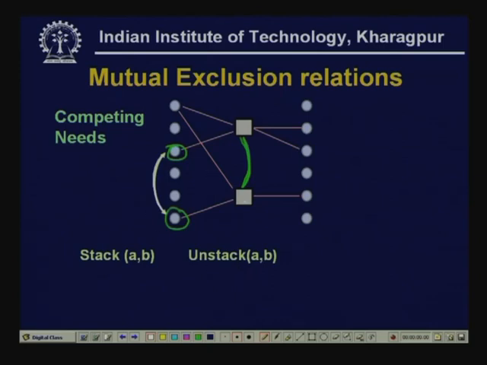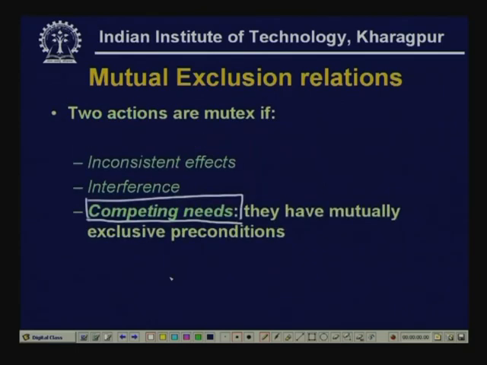So, if these two cannot be clear at the same time, then these two actions cannot be executed in parallel. So, under the condition of competing needs also these two actions are mutex. So, we have three conditions under which actions are mutex. Two actions are mutex if they have inconsistent effects, if there is interference, or if there are competing needs.